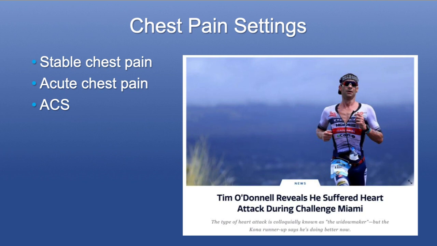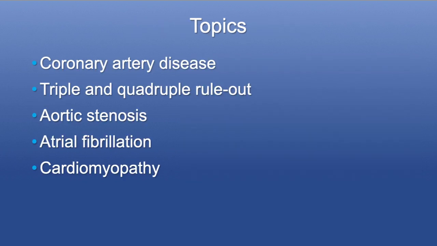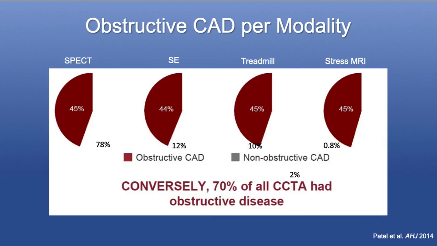And I think CT allows us to see this plaque and to see coronary disease better than just assessing it by exertional capacity. So we'll be covering coronary artery disease, the importance of spectral in triple and quadruple rule out, aortic stenosis, atrial fibrillation, and we'll talk briefly about cardiomyopathy.